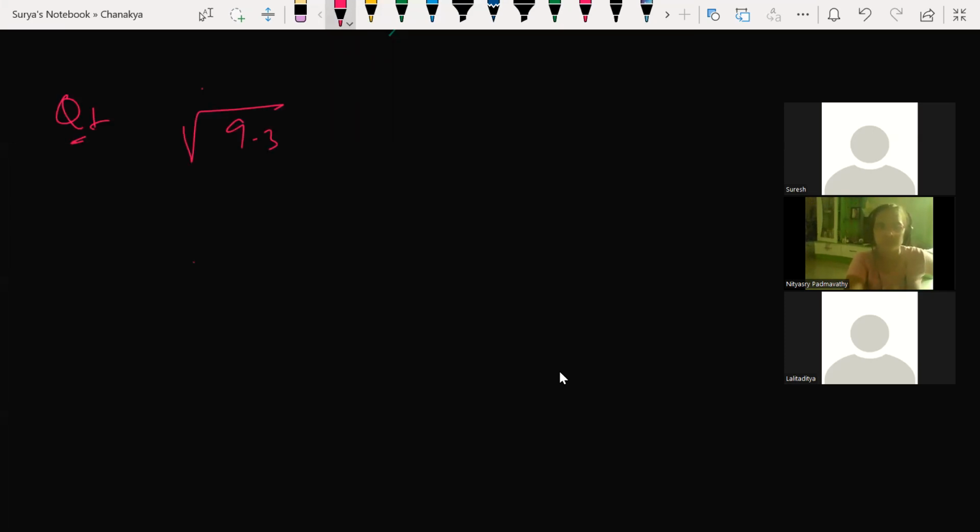First of all, draw a number line like this. Any number line. First of all, let us draw a line segment which has 9.3 units length. Fine?